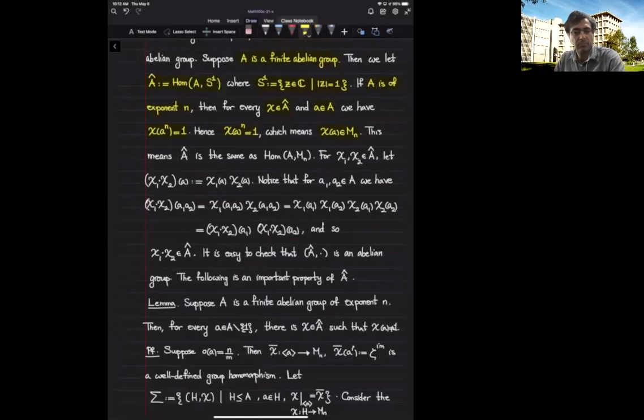The point is that the groups that we are working with over there all have exponent n, and therefore I can identify the codomain with a subgroup of S1, and therefore what we have in the Kummer pairing and so on is compatible with the dual of finite abelian groups in this sense.